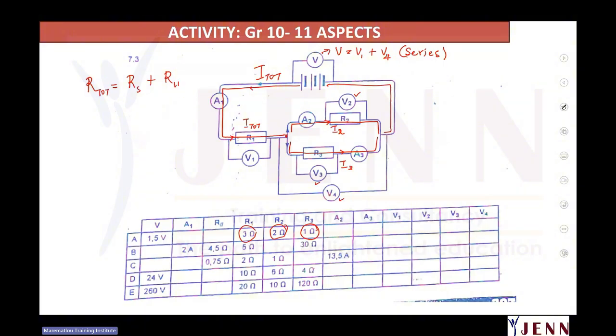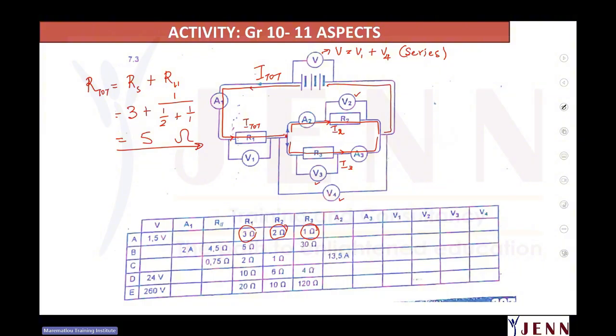My resistance in series is just R1, that is 3, added to my resistance in parallel, where I have 1 over 2 plus 1 over 1. That gives me the total resistance of the circuit. I think that would be 5 ohms, if I'm not mistaken.